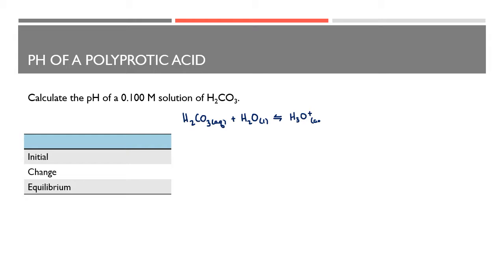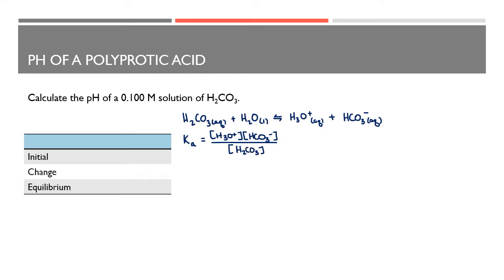So the first dissociation, removing that first hydrogen, gives us HCO3 minus as the anion that's produced, the conjugate base. So the Ka, or the equilibrium constant expression for this, is going to be H3O plus and HCO3 minus over H2CO3, the concentration of the carbonic acid.